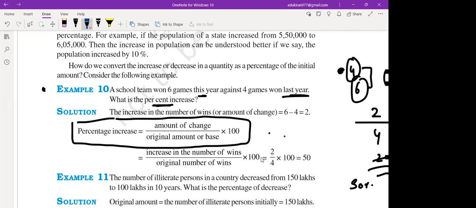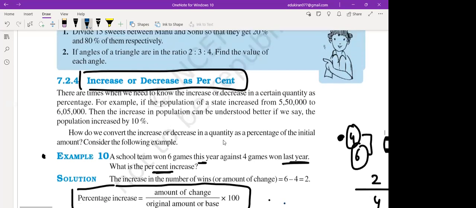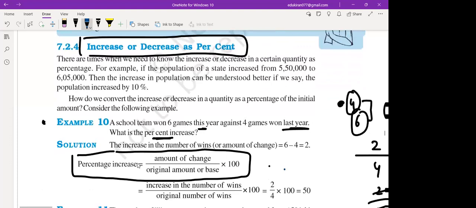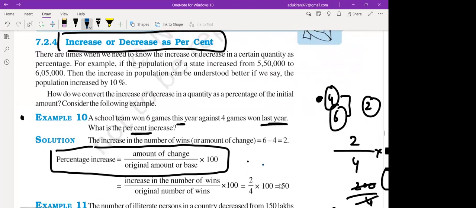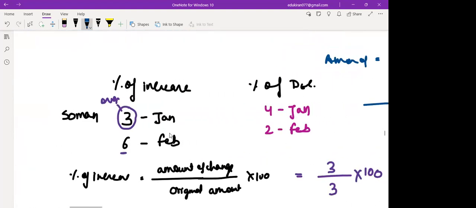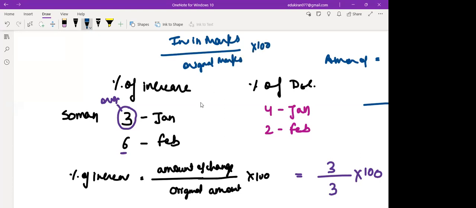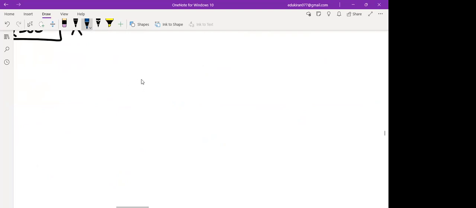So instead of writing the general formula, you will write: percentage increase equals increase in number of wins divided by original number of wins, multiplied by 100. When I'm talking about marks, I can write increase in marks divided by original marks, multiplied by 100. Clear? Yes, ma'am. This is all you have to do, only like this.